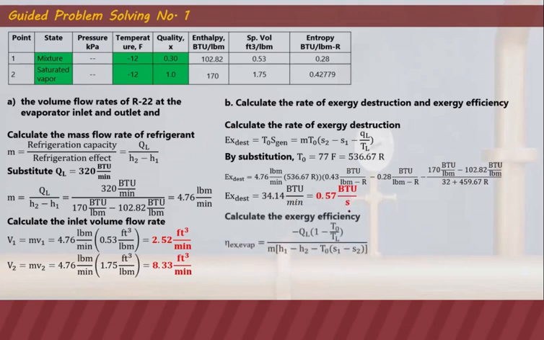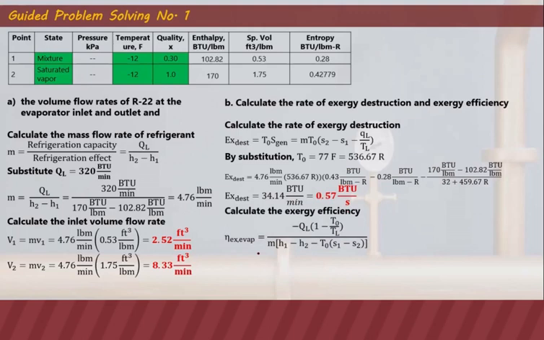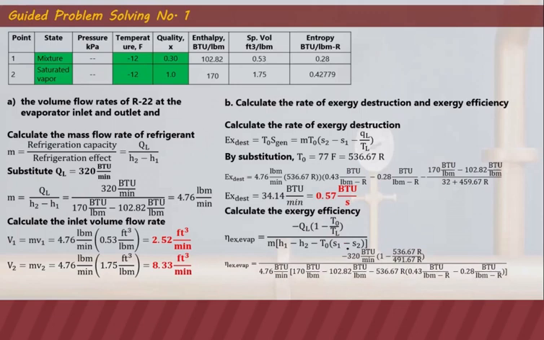And finally, for the exergy efficiency, we need to use these equations, and since we already have all of this, we just have to substitute them. So by substituting our refrigeration capacity, our TO over TL, as well as the other quantities, our exergy efficiency of the evaporator is 46%.